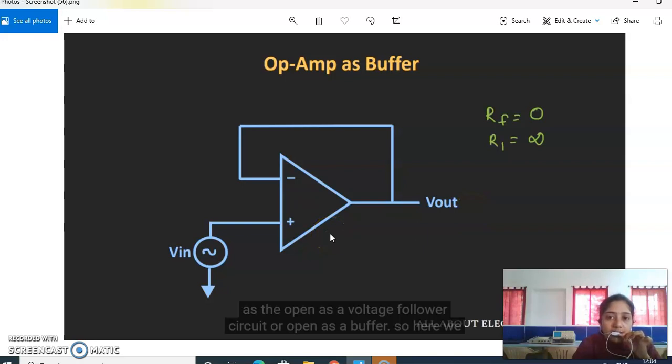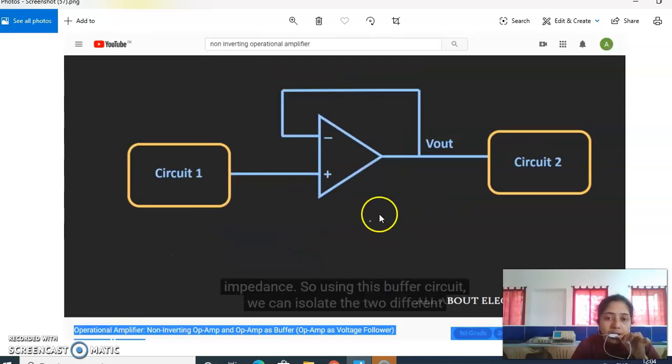Here you see the configuration of the non-inverting operational amplifier. For example, we are applying some input voltage at the non-inverting terminal of the op amp, let's say 5 volts. According to the virtual ground concept, the same voltage will appear at the inverting terminal of the op amp.